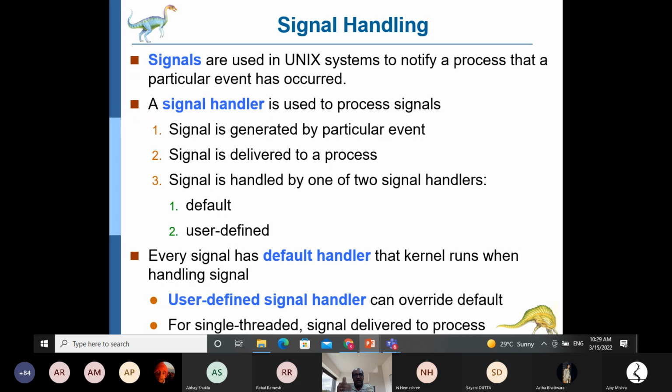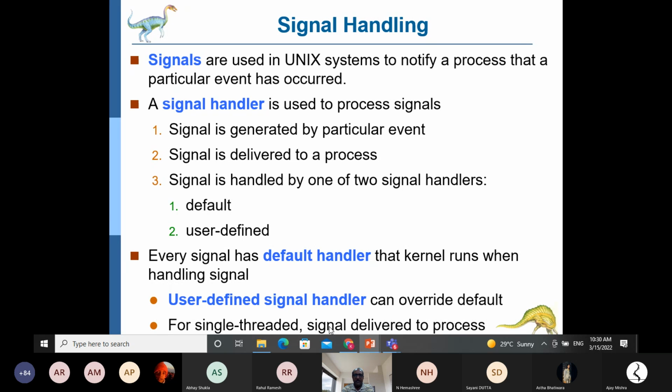If it is not there, then the default handler will be run by the kernel. Instead of the default handler, this particular user-defined signal handler will be run. Whenever the signal arrives, we will check whether a user-defined signal handler is available, and then it will be executed. Otherwise, the operating system will take over.